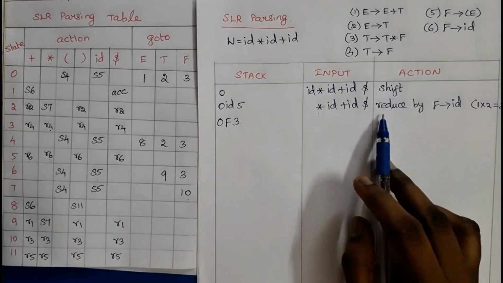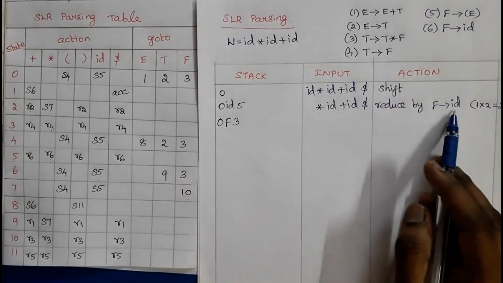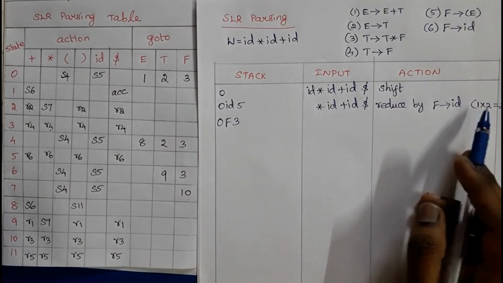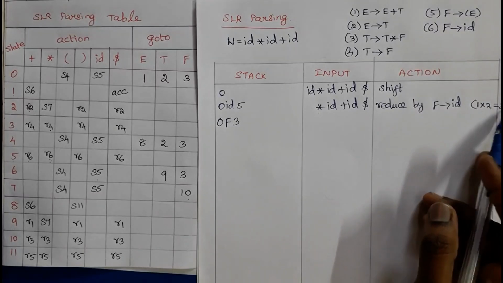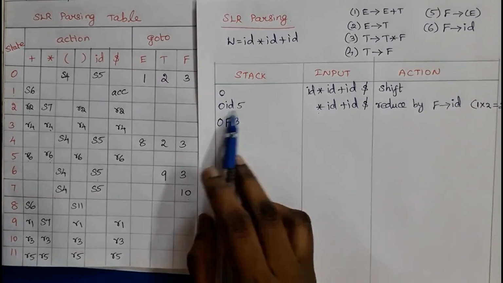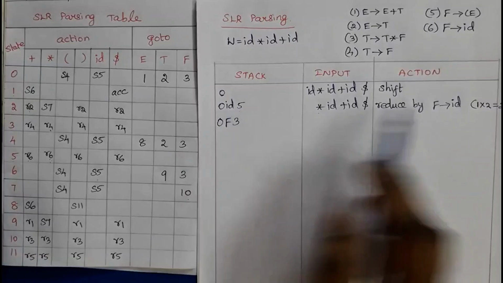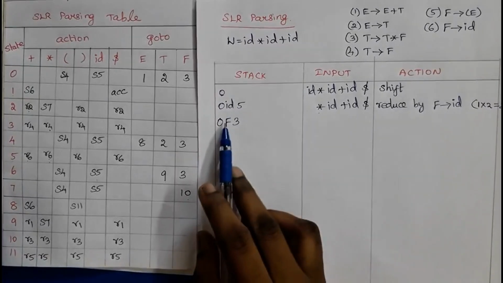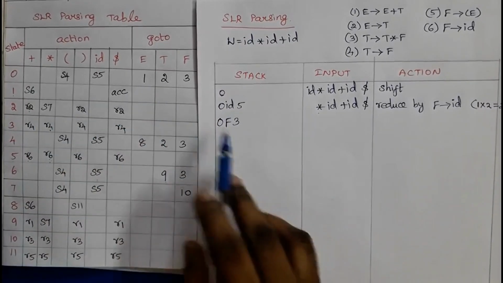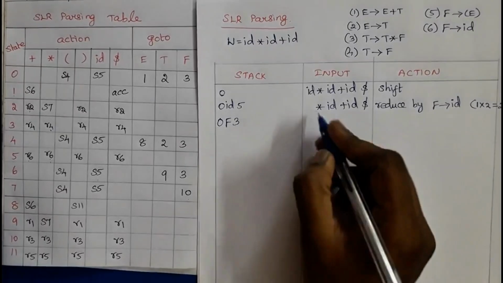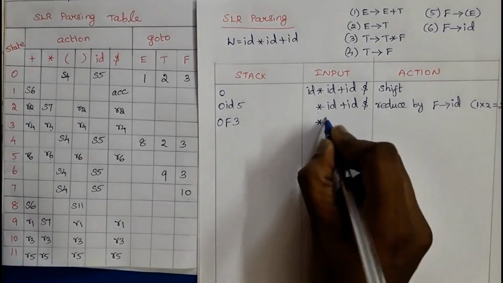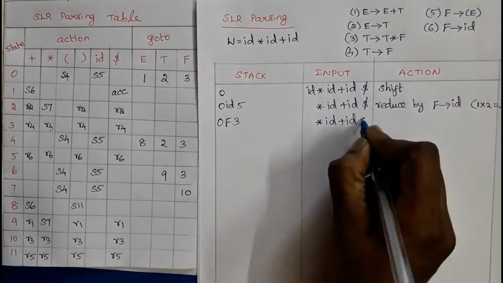So whenever we do the reduce action, first we calculate the length of the right hand side, multiply it by 2, pop that many symbols from the stack, push the symbol on the left hand side, then refer to the goto table for the state. In reduce action there is no change in the input buffer.